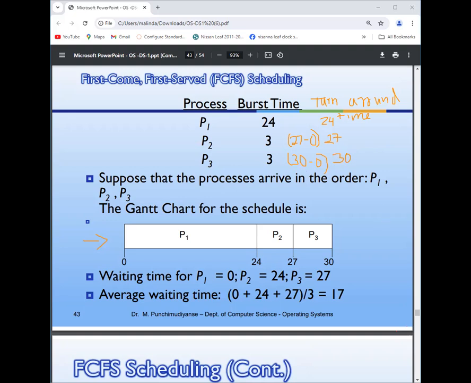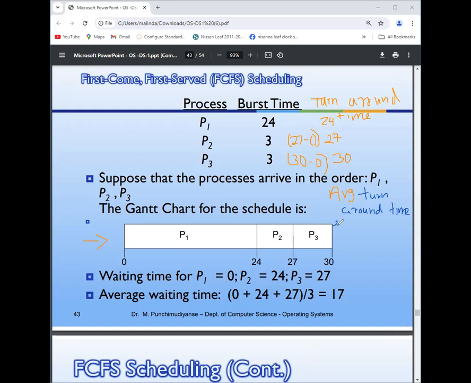So the average turnaround time is, I will use a different color, this color is not right. Average turnaround time: we have to add all these three together.